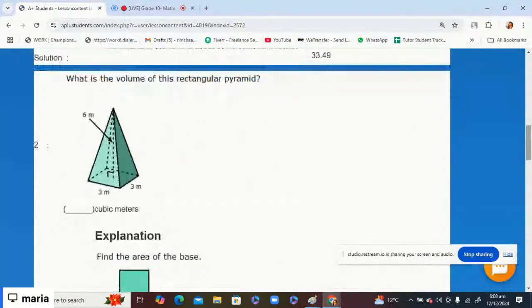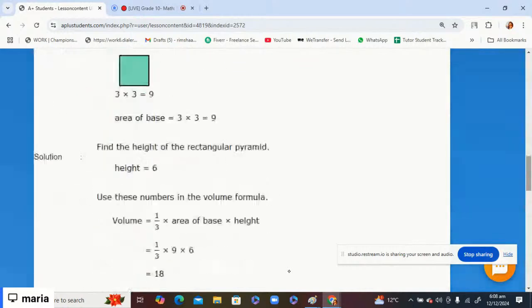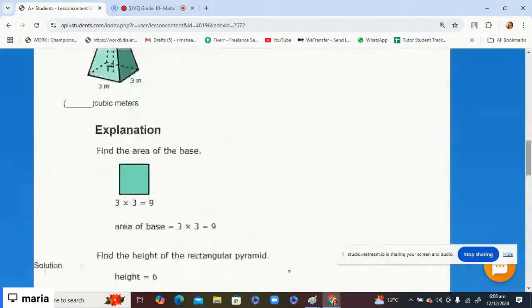Now look here. What is the volume of the rectangular pyramid? Now we are going to find the volume of the rectangular pyramid. This is area of the base times height. What's the formula?